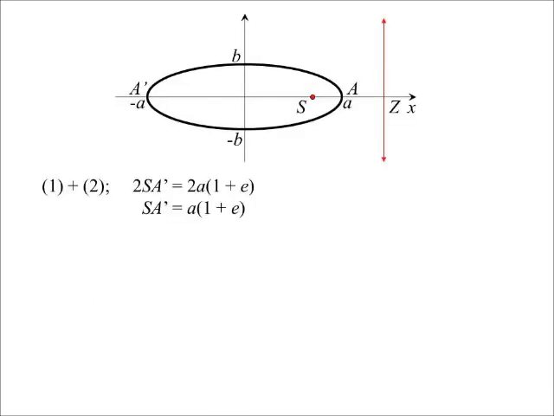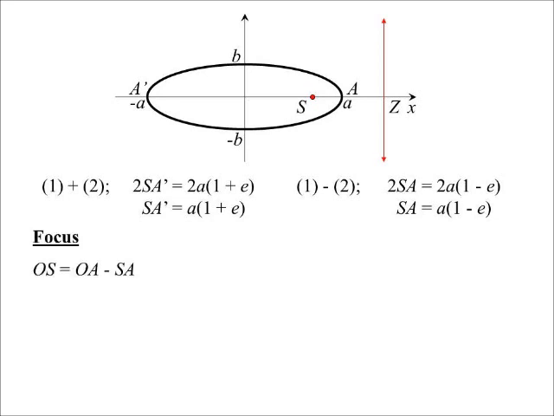If I add them together, twice SA dash will be 2A(1 + e), so the distance from S to A dash is A(1 + e). If I subtract them, I get the distance from S to A is A(1 - e).